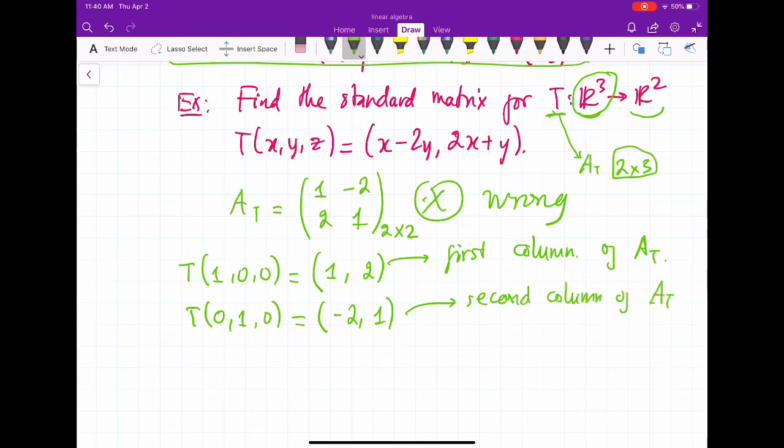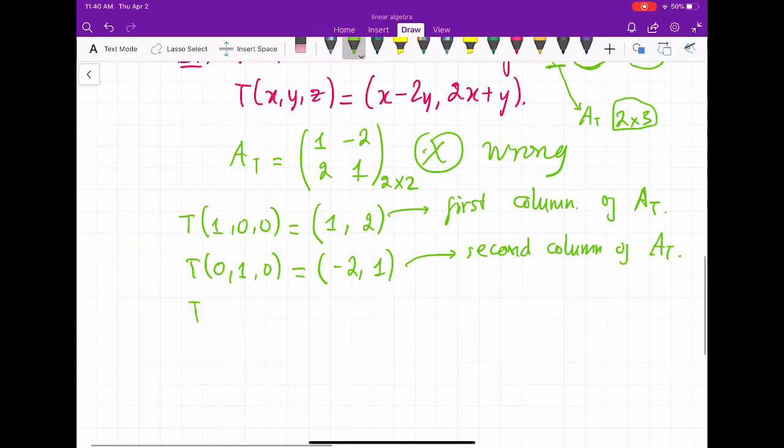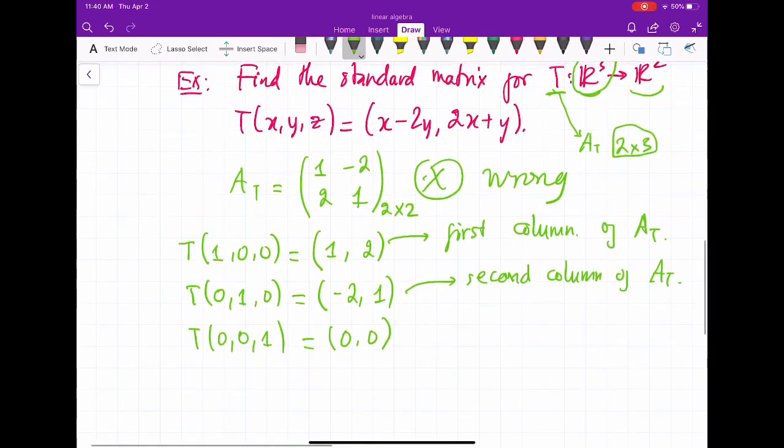of A_T. And I still have one more, T(0, 0, 1), which is just (0, 0), because we don't have z in the formula of T, right? x and y are 0. So this is the third column of A_T.